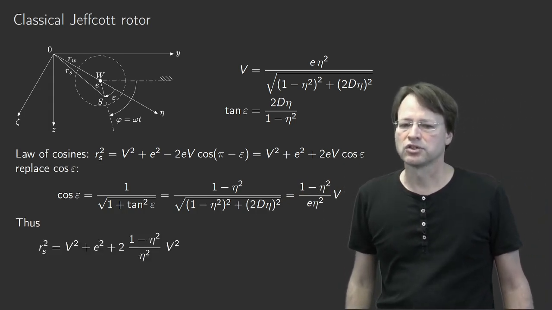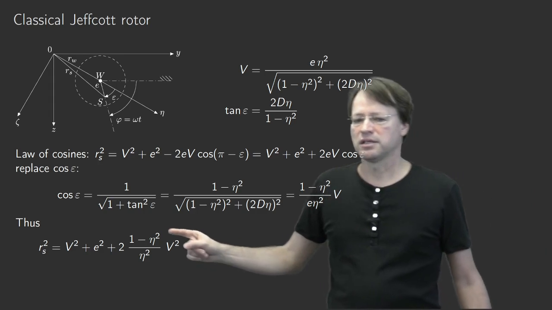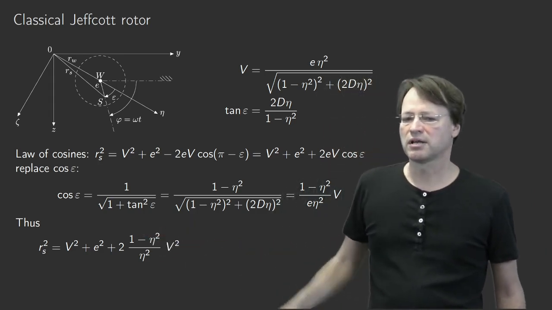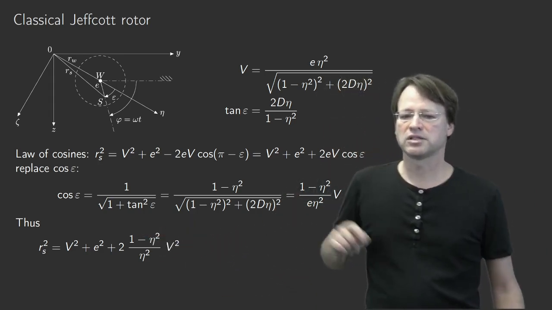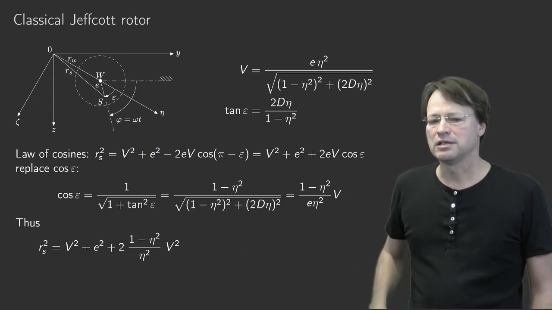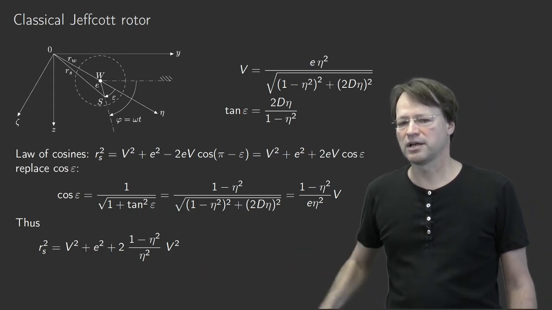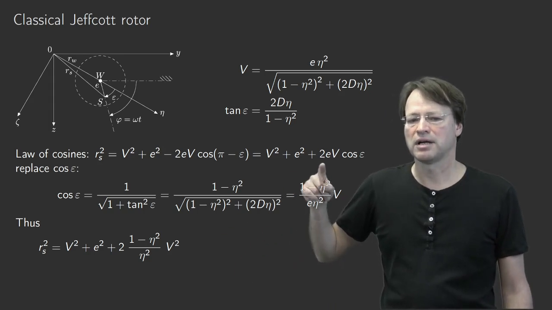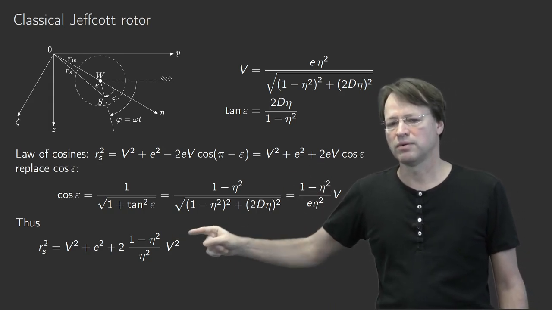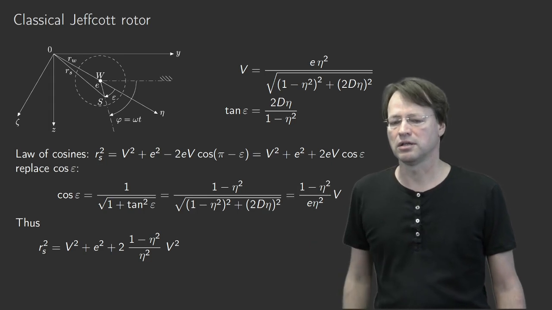So we have 2 terms containing V squared. That's good. So Rs squared is then V squared plus E squared plus 2 times 1 minus eta squared E divided by E eta squared V squared, and we have to multiply by E again, so we will lose that E here in the denominator.